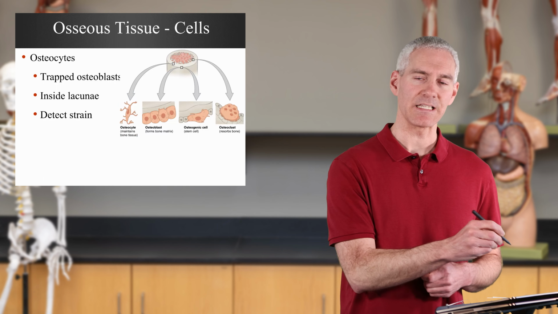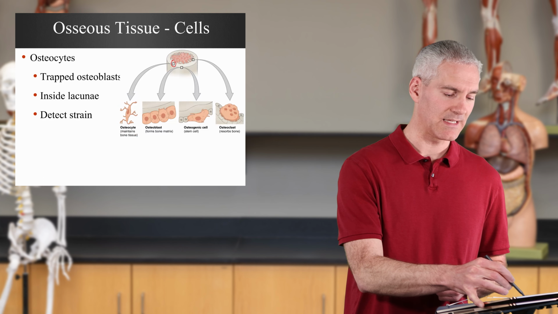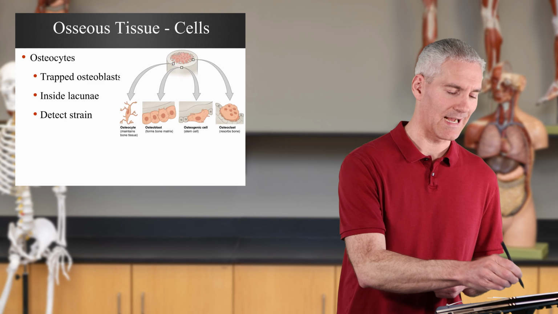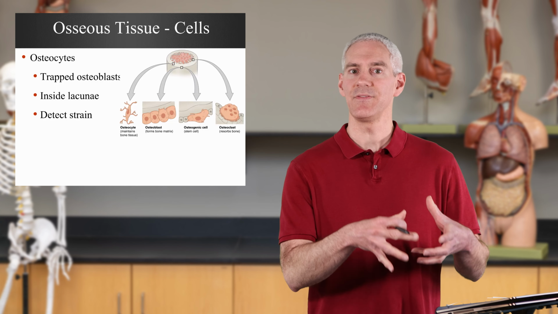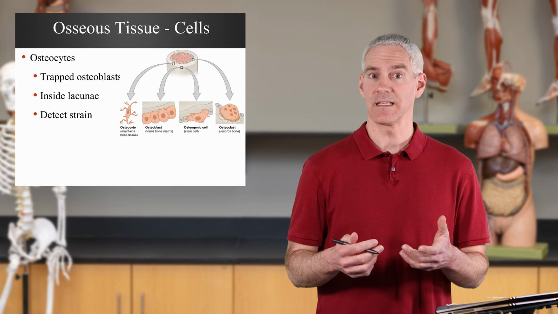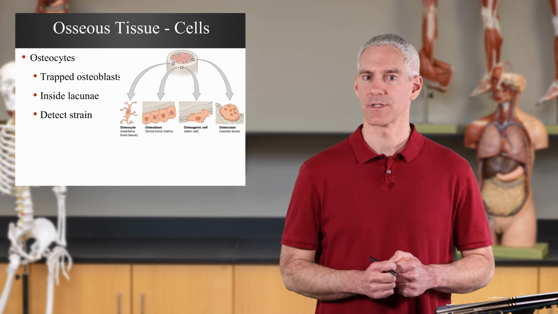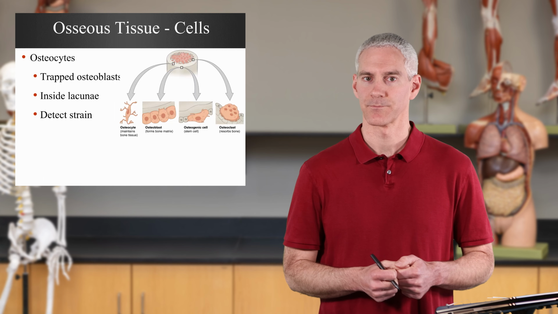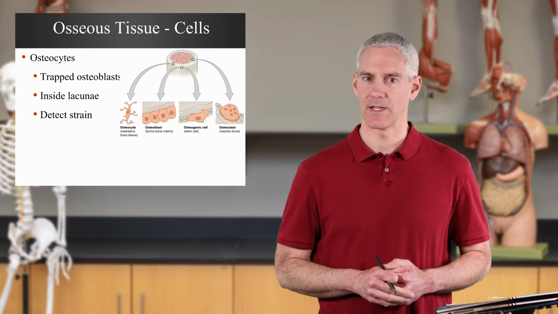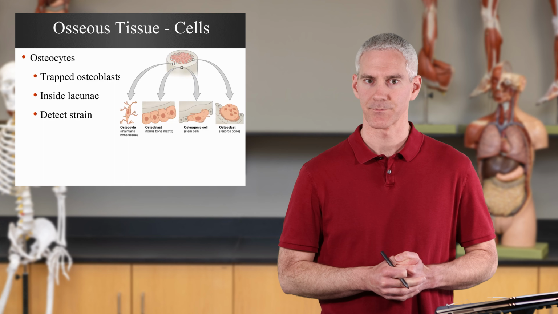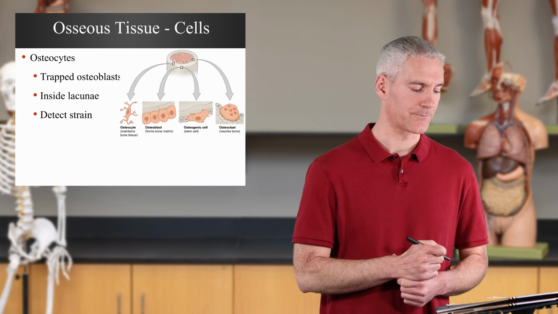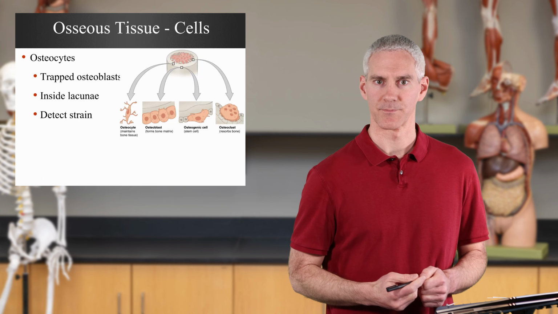You'll notice that these osteocytes are inside of the actual bone matrix, inside that calcified osseous tissue. It's in there monitoring stress and strain on the bone, seeing if there's adequate calcified matrix to accomplish what needs to be done, or if there's too much stress and strain, we need to add more calcified matrix to make sure the bone is strong enough. So these osteocytes, they're monitoring the bone, keeping it healthy, detecting strain on the bone.